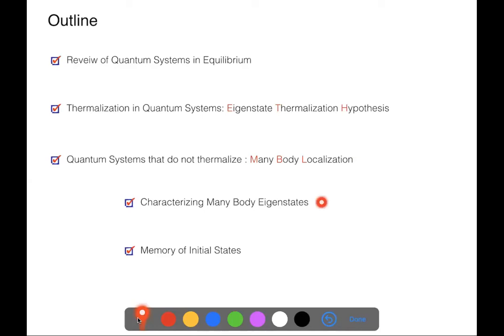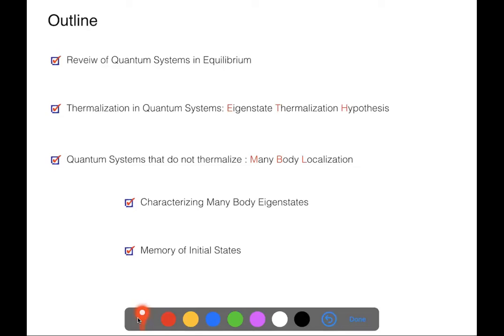So here, these characterizations are more theoretical in the sense that if you actually talk to an experimentalist and tell them, oh, I know this nice quantity or nice property of a many body eigenstate of a Hamiltonian of many particles, they would actually laugh at you, because there's no way for them to access a particular many body eigenstate, and we will talk about it.